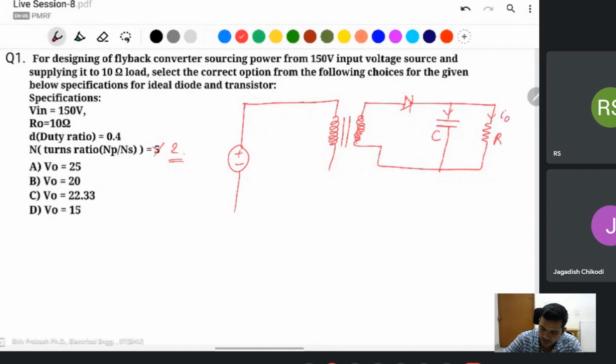This one IC out because the voltage. A switch is present here. Turn ratio 1, transfer from primary to secondary. This voltage supply.